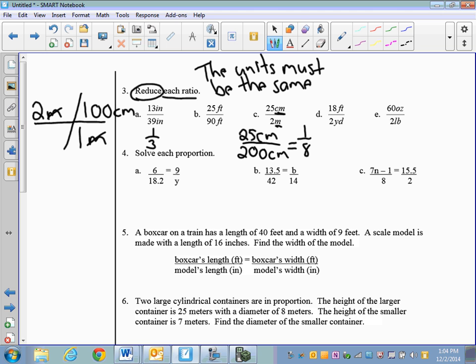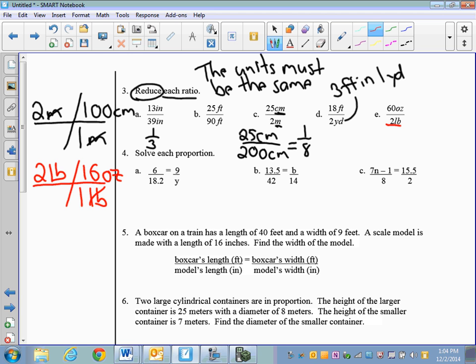I want you to try D. There are 3 feet in 1 yard, so you're going to need to convert that. And lastly, I'll do E. I have ounces and pounds. I'm going to take 2 pounds and convert it. 1 pound has 16 ounces, so the pounds will go away, and I have 2 times 16, which is 32.